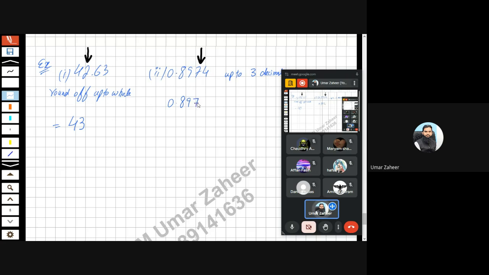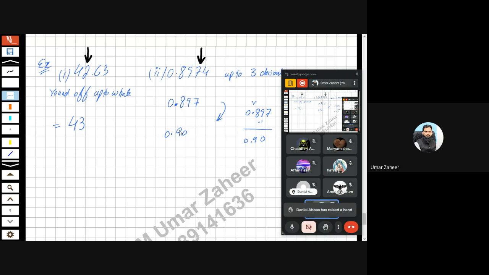So we have rounded off the 4 decimal number up to 3 decimal places. If I write up to 2 decimal places, the 9 will become 10. So it is 0.897, you have to add 1 at this place. So 1 carry, it is 90. The final answer is 0.90.